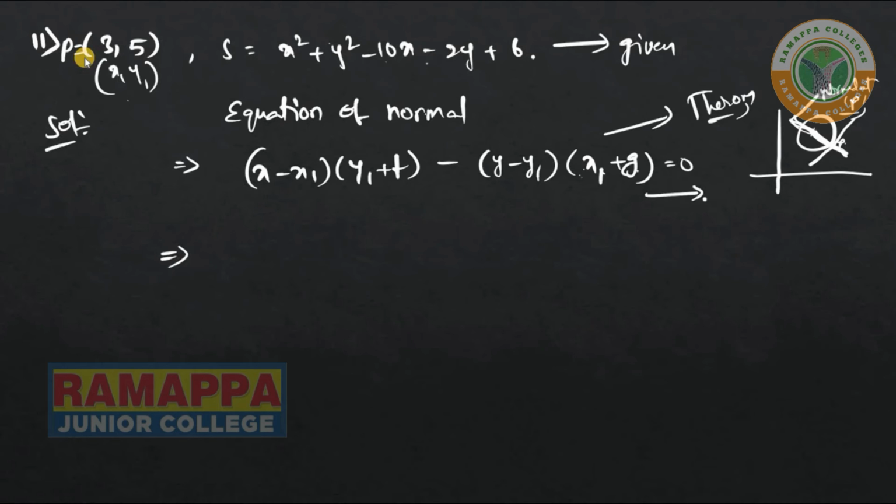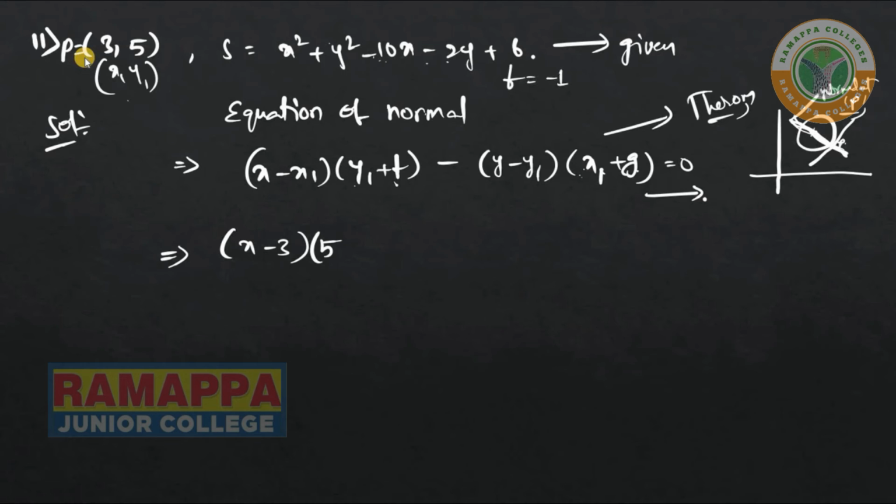In this I am substituting the values. x minus x1 is x minus 3, y1 is 5, plus f. Here 2f is minus 2, so f is equal to minus 1.